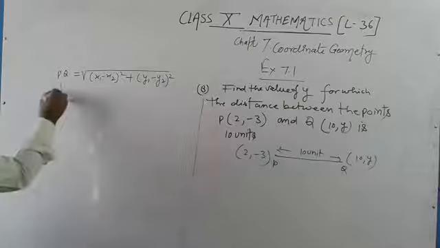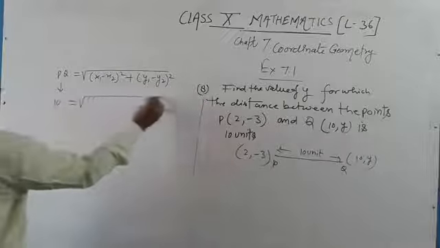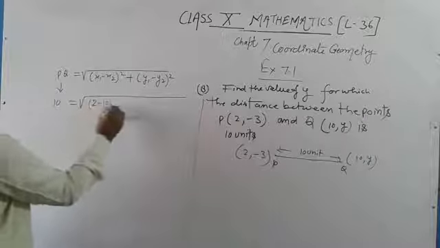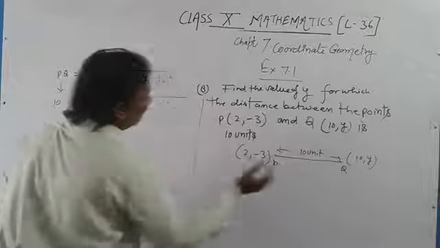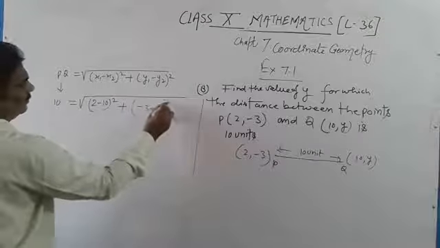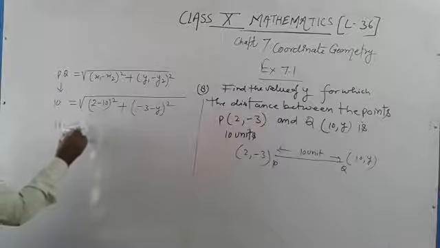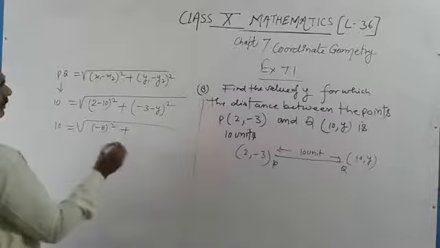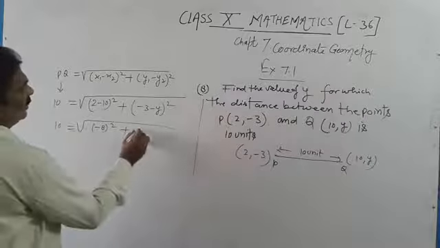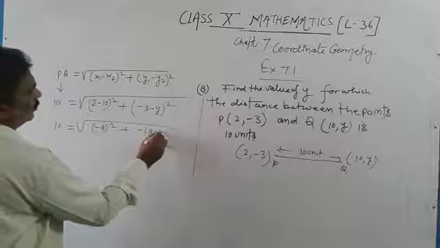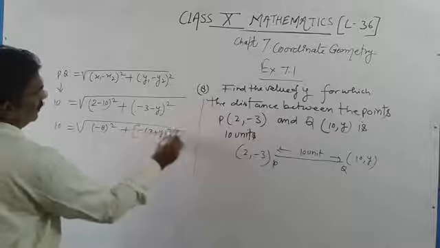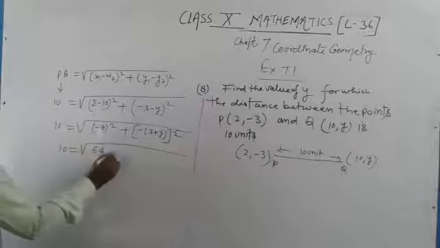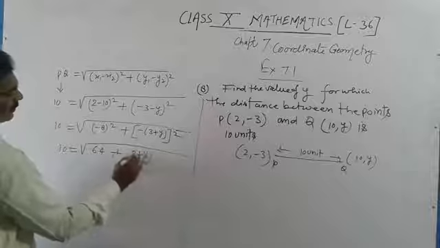See students, here distance is given 10 units is equal to, putting these values, x1 minus x2, 2 minus 10 whole square plus y1 minus y2, minus 3 minus y whole square, and this can be written as under root 2 minus 10, that is minus 8 whole square, plus minus 3 plus y whole square. So 10 is equal to under root 8 8 just 64 plus 3 plus y whole square.